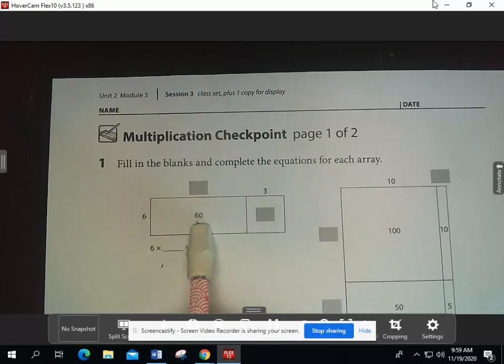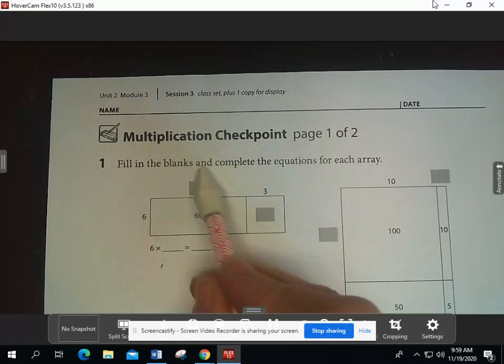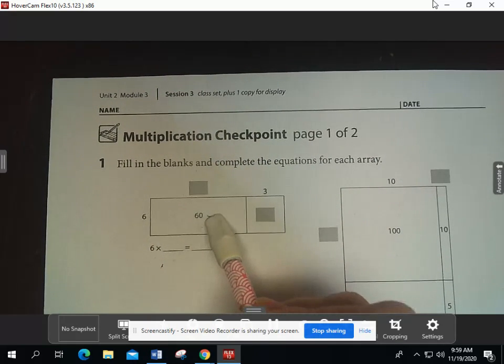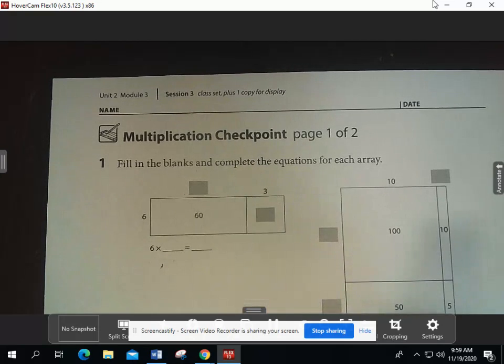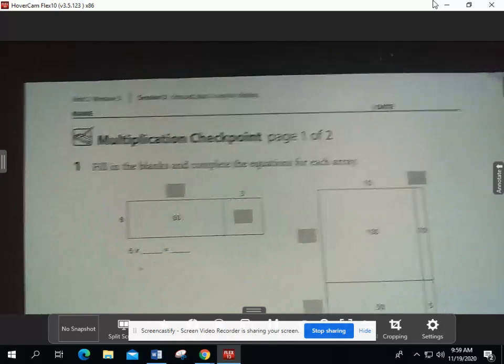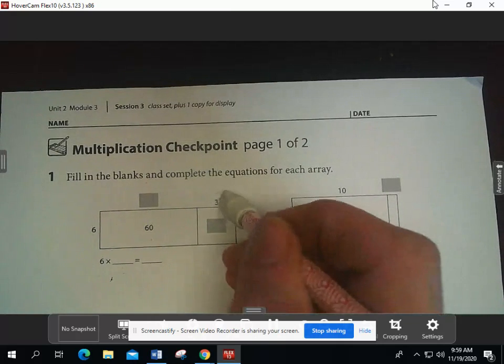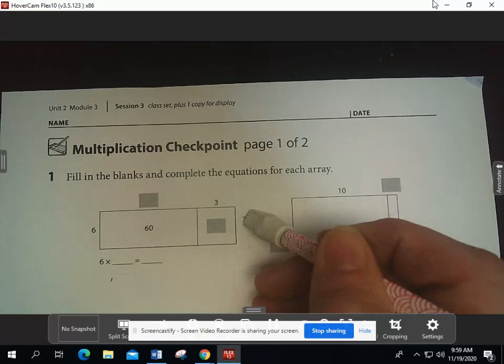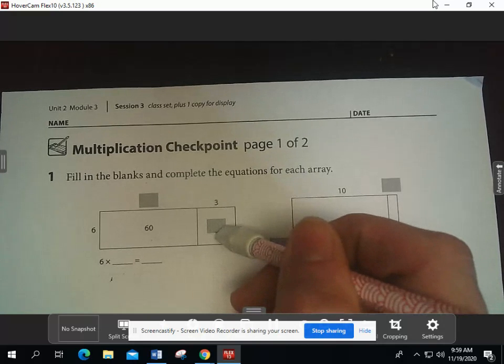When we see the 60, that means we did this times something here to get to 60. There's a 0. Hint, hint. Think about what we were doing when I was showing you the area model. Hint, hint. Then we have this 3. Oh, there's nothing here. What do we multiply by to figure out what goes in that box?